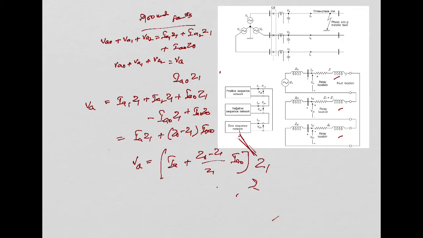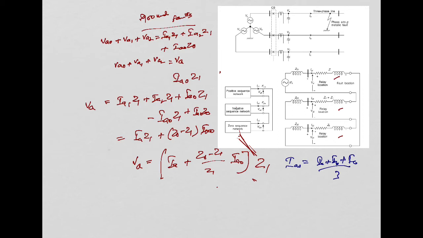However, IA naught is equal to (IA plus IB plus IC) divided by 3.